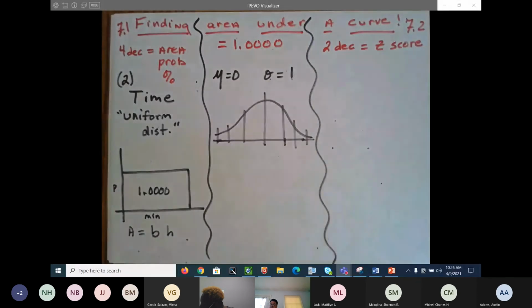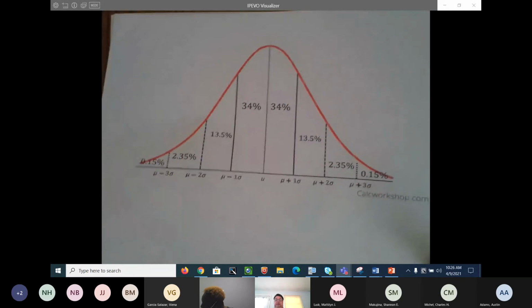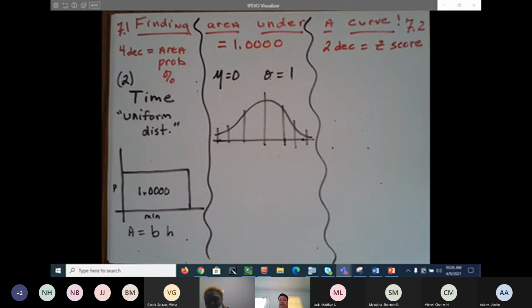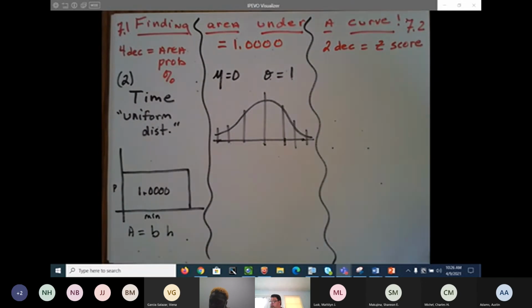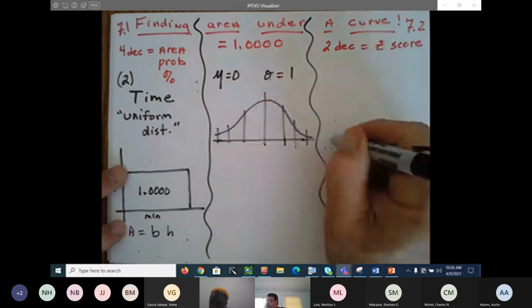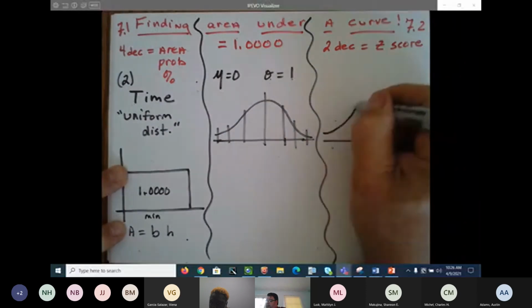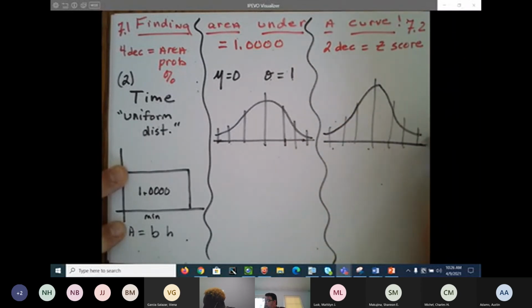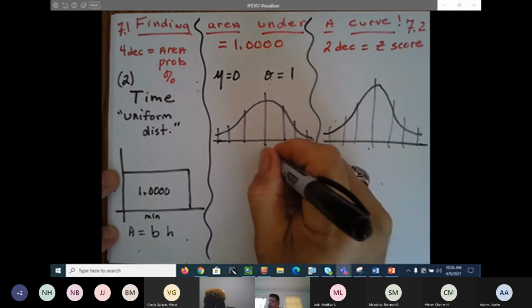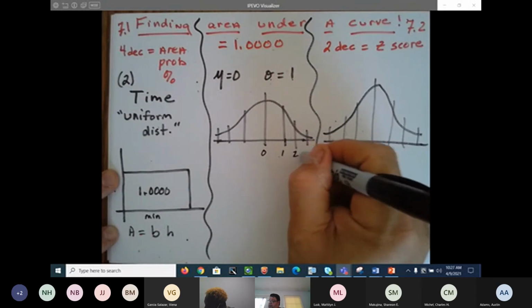Y'all remember me telling y'all to make sure that you printed out your bell curves? Well, this is where you're going to use them in 7.2. But the difference between the two is that this one has a mean of 0 and a standard deviation of 1.